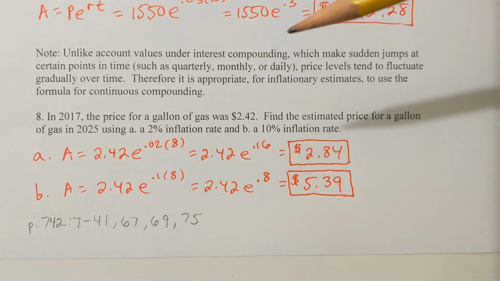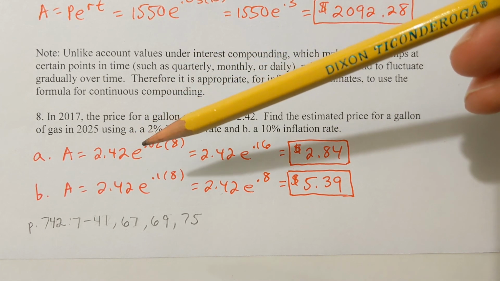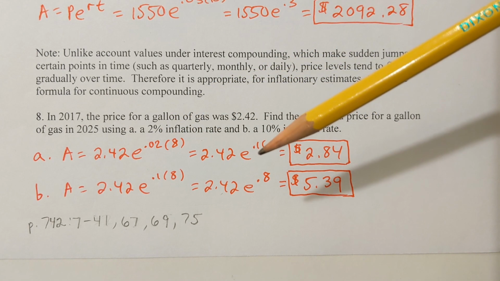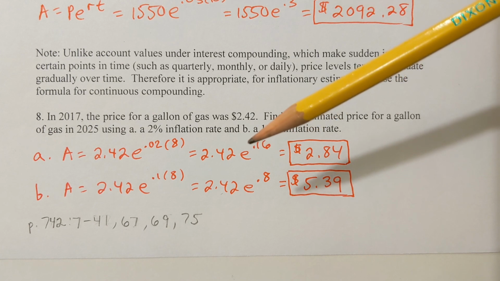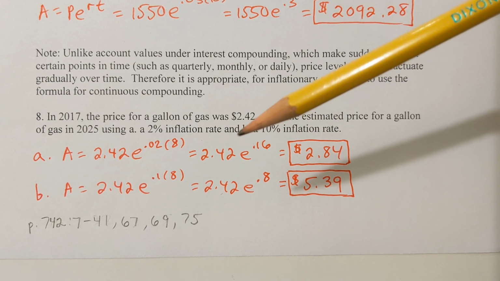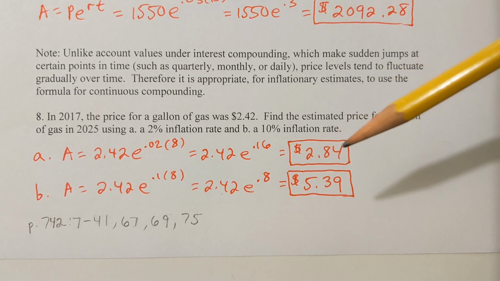It's a gradual change. It's not like one day it's $2.42, and the next day it's $7.11, and then on the next day it's only 15 cents. If it were that drastic, then we would use a different formula.